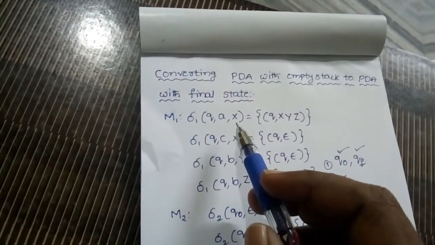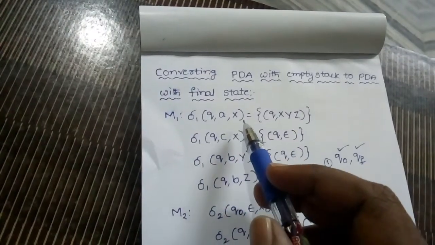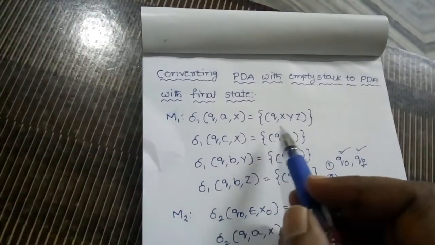Now if you consider the first move, what is there? Q comma A comma X equal to Q comma XYZ.